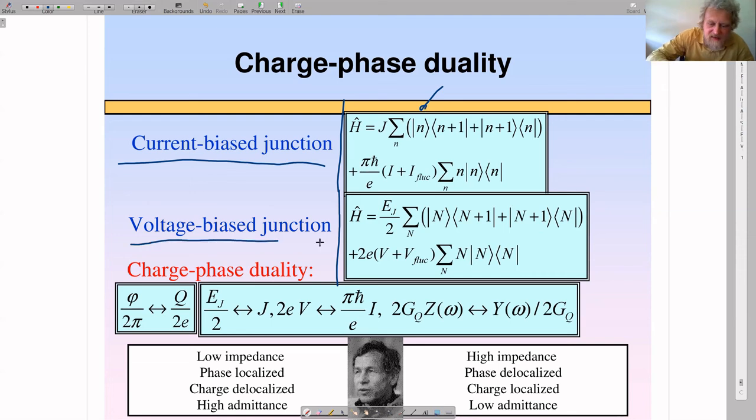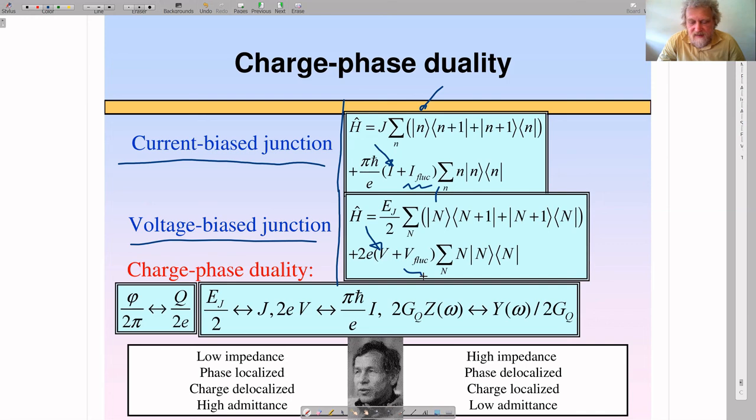There's a voltage bias junction, and here it gives you different charge states. Here the slope is defined by current. Here it is defined by voltage. Environment is either fluctuations of current or fluctuations of voltage.